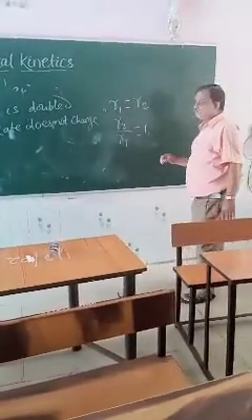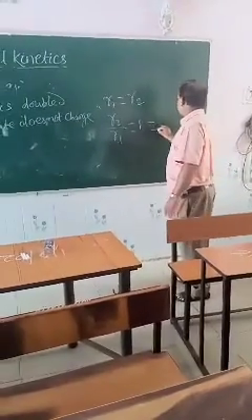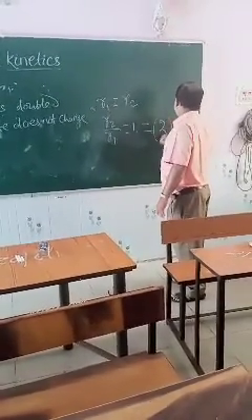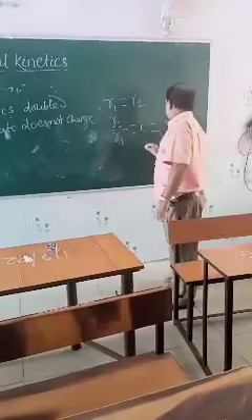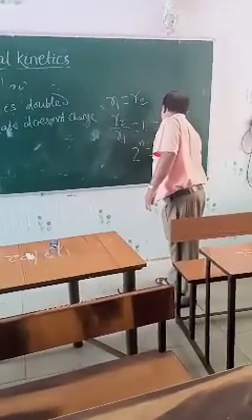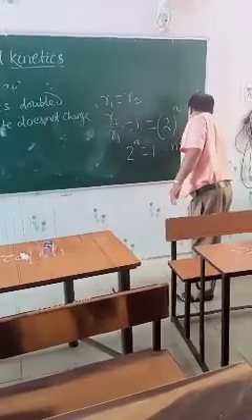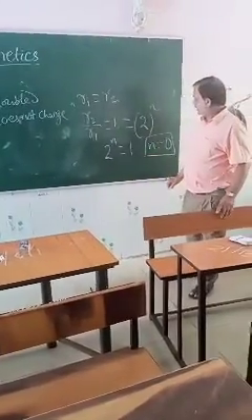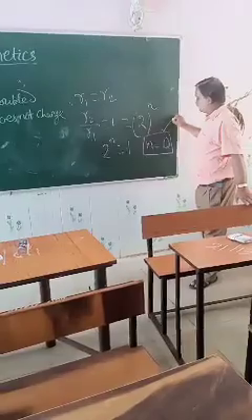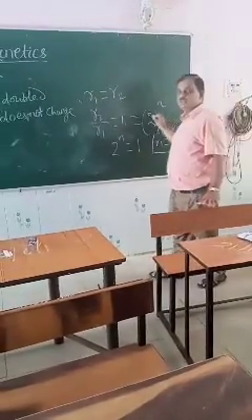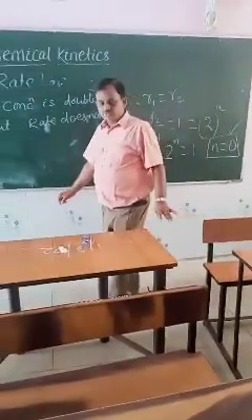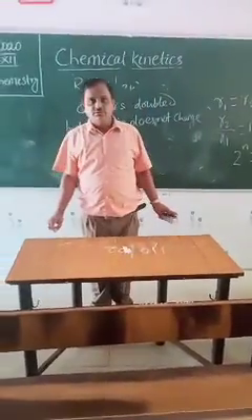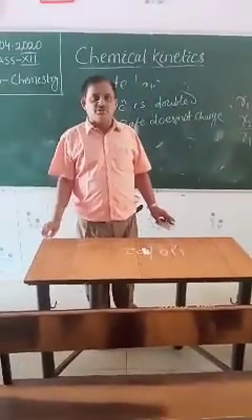But concentration is doubled, so this equals 2 to the power n. Now 2 to the power n equals 1, so n equals 0. That means the order with respect to A is 0. So order may be 0, order may be a whole number, order may be a fraction.